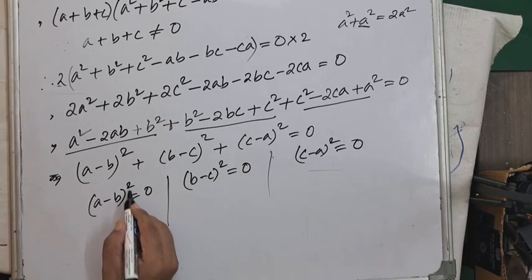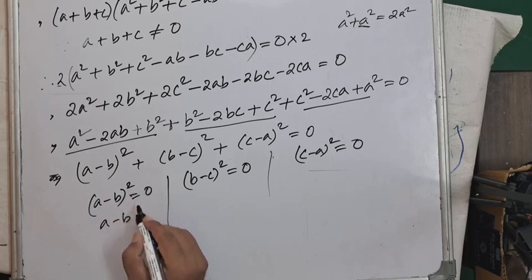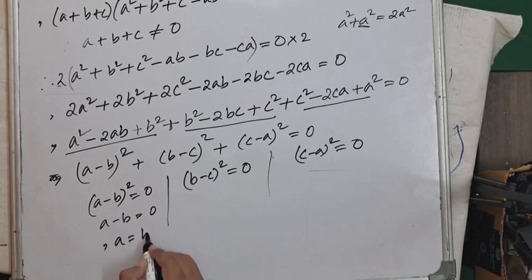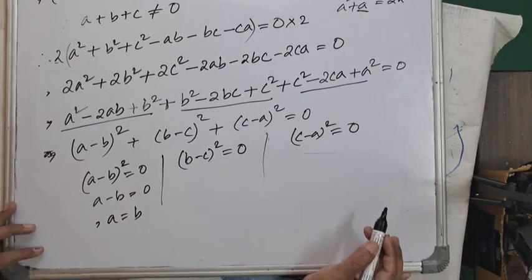If a minus b whole square equal to 0, then a minus b equal to, we take this square to the right hand side, so root under 0 means 0, which means a equal to b, isn't it? We take this minus b to the right hand side, becomes plus b, so a equal to b.